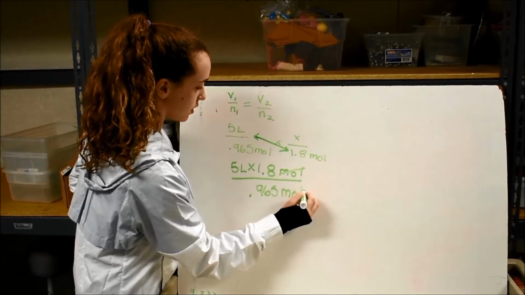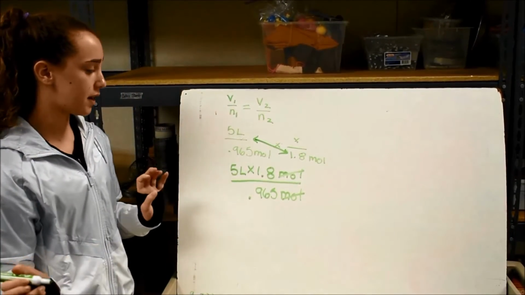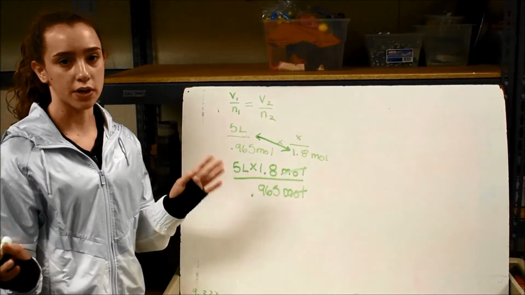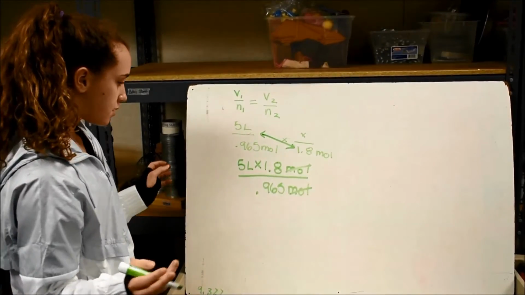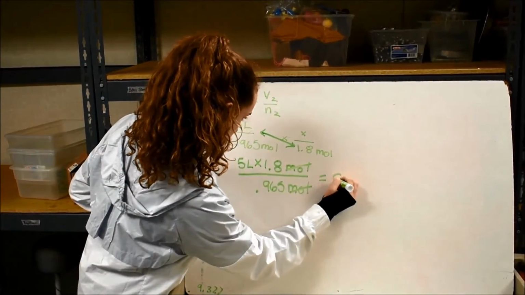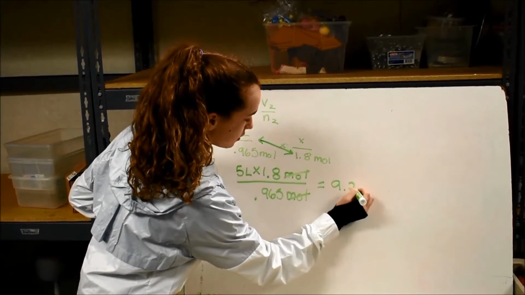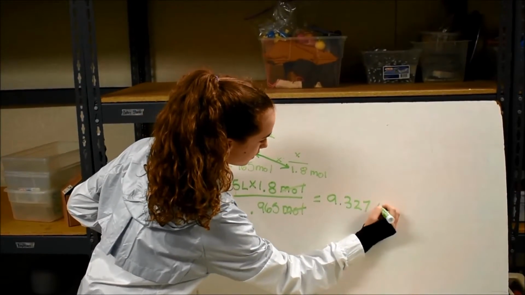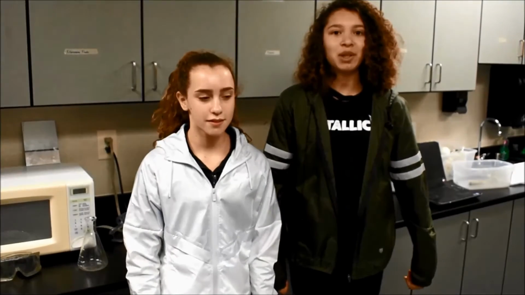And then the moles are going to cancel because you're trying to find volume, so you're going to want your answer to be in liters. So then after you do all of that, you get 9.327 liters.